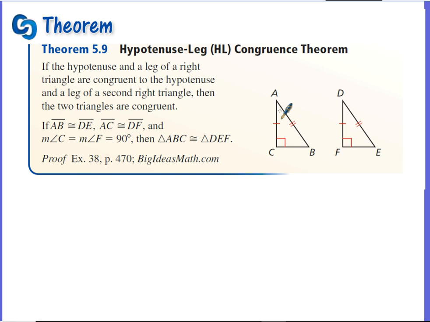Let me say that one more time. If you can prove that it is first and foremost two right triangles, and that the hypotenuses, because of course they're going to correspond to each other, and the two corresponding legs are congruent, then that's enough information to prove that it is a pair of congruent triangles.